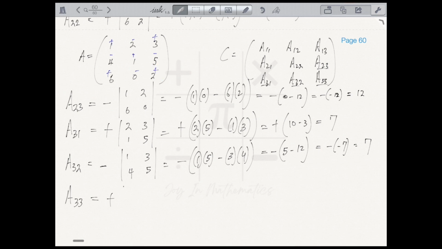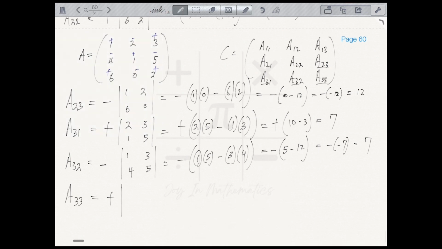Now finally A33, which is the cofactor of 2. The place sign there is positive, and vertically, horizontally, we are left with 1, 2, 4, 1. When we simplify this, we have positive of 1 multiplied by 1 minus 4 multiplied by 2.